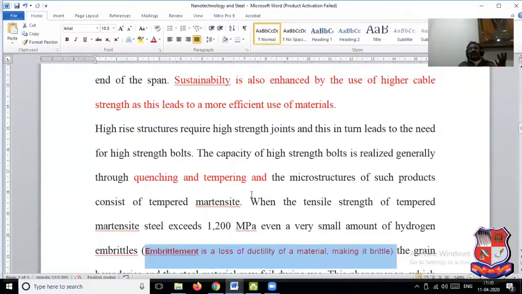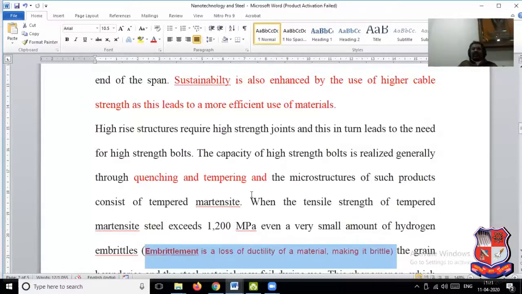Quenching means whenever we put this material at a high temperature, then directly you have to put it in oil or water, means you suddenly decrease the temperature, and in that way you can easily control the phase, because ultimately phase and phase boundaries result in cracks, meaning ultimately fatigue and material failure.